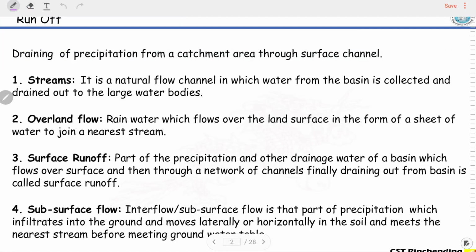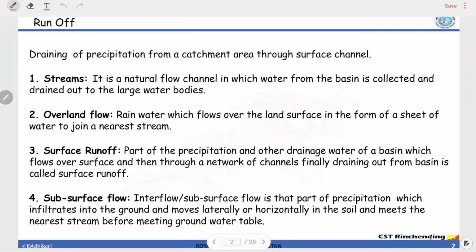So first and foremost, let's understand the basic terminologies that we will be using frequently hereafter. The first term on the list is the stream. As we all know, a stream is a natural flow channel. Water has a tendency to erode the land surface and form it into a channel so that it can flow easily.